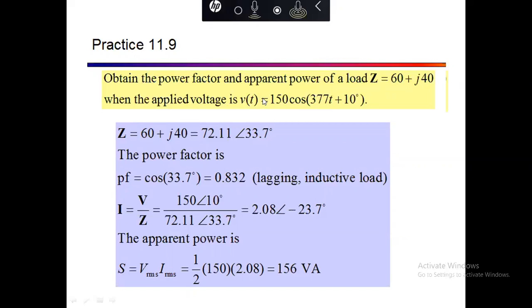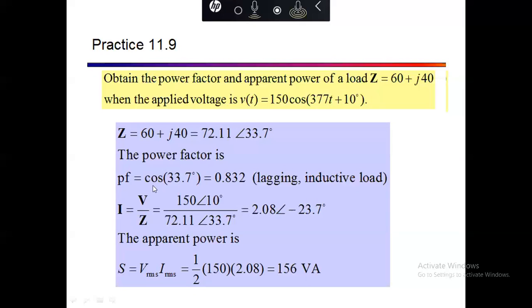Because the value of current is not given, we cannot calculate the difference between the voltage phase and current phase directly. So that angle is 33.7 degree.